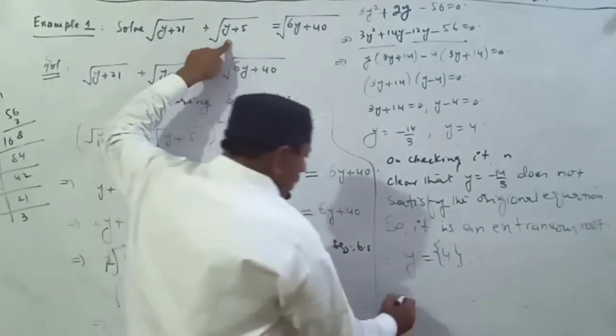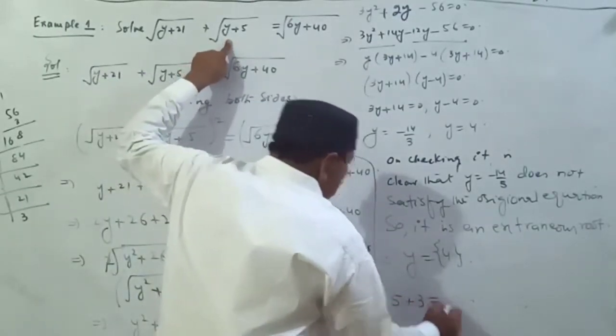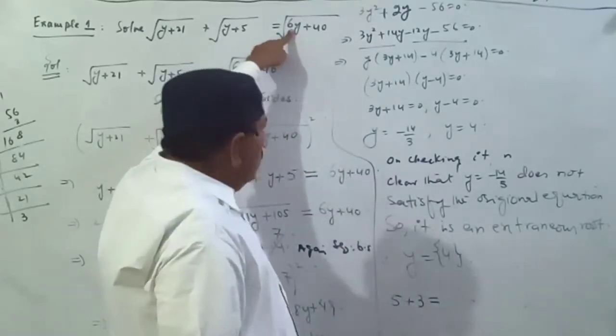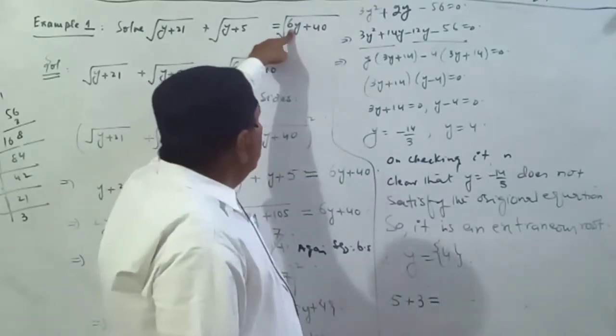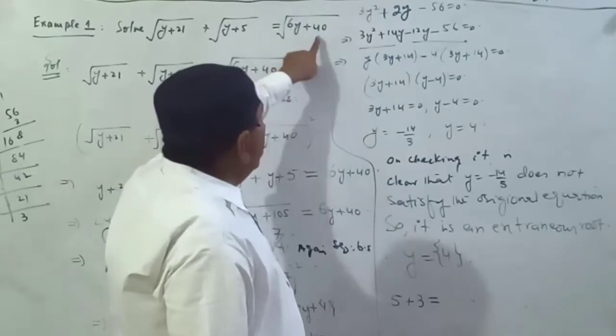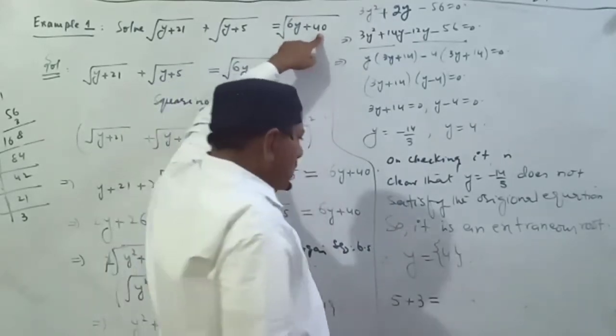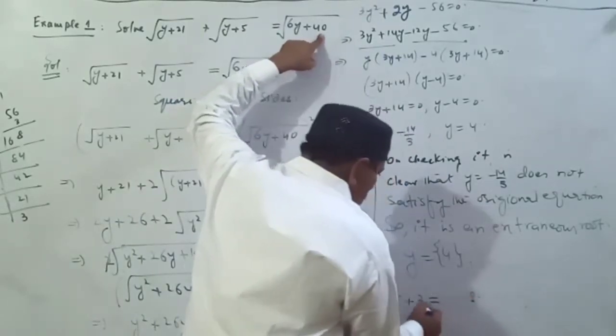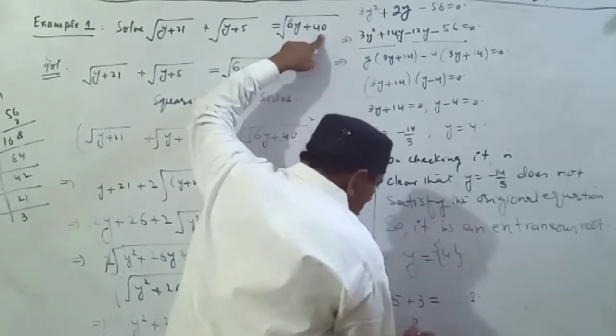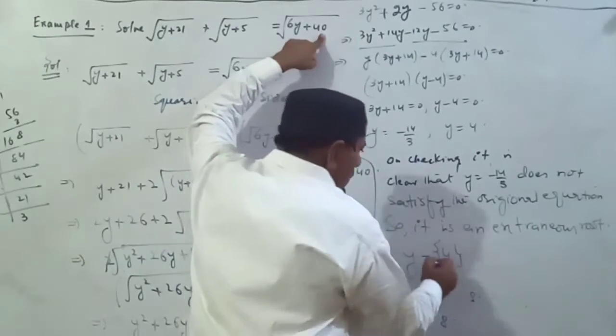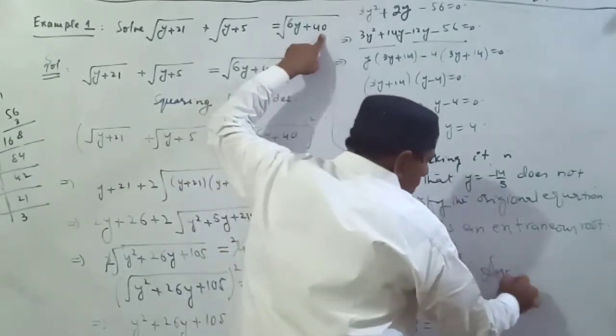The radical of 9 is 3. On the right side, 4 into 6 is 24, 24 and 40, 64. The radical of 64 is 8. So 3 plus 5 is equal to 8. So y is equal to 4 is the correct answer.